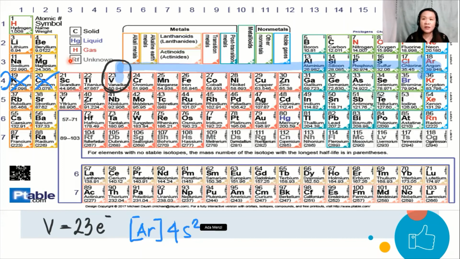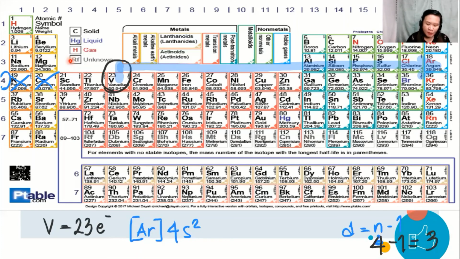Now, I said earlier that for the letter D, D is equal to n minus 1. So if the energy level for D is 4, we will minus 1. What do we get? We actually get 3.